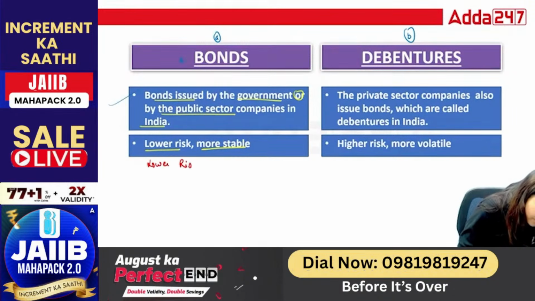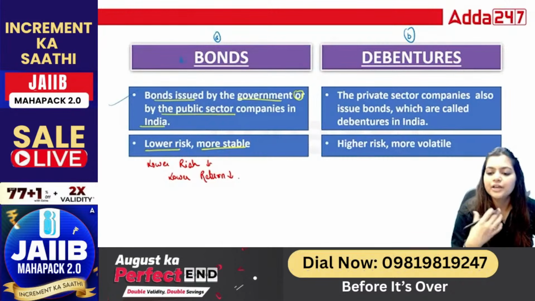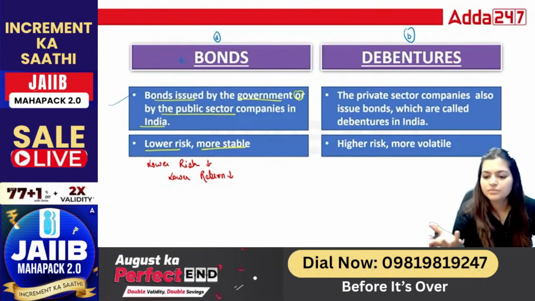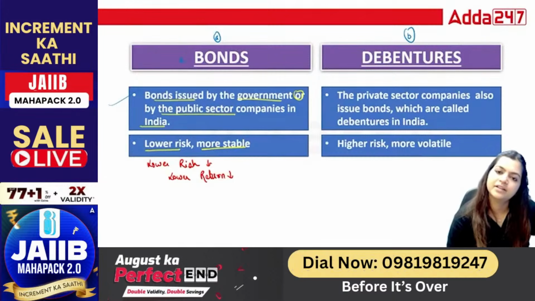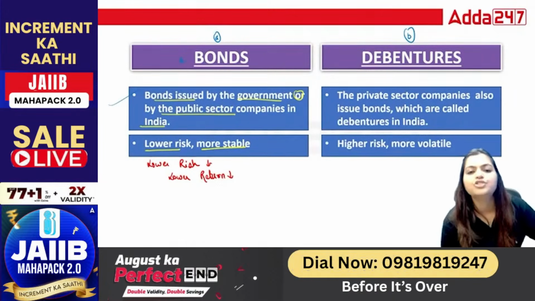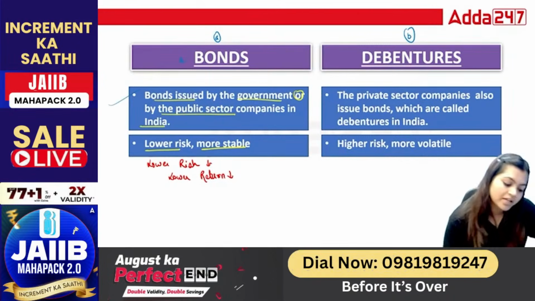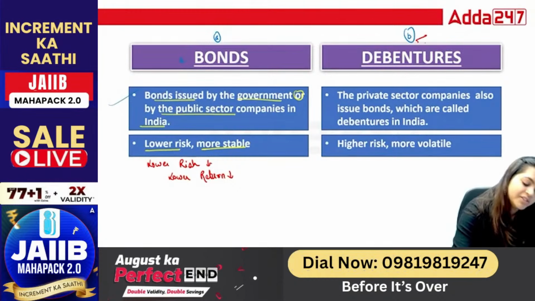When risk is low, you will get lower return, because if you are not taking any risk, you will receive a minimum return. Like with a fixed deposit, there is no risk, so there is a very low return. But if you invest in the share market, higher risk, higher returns.